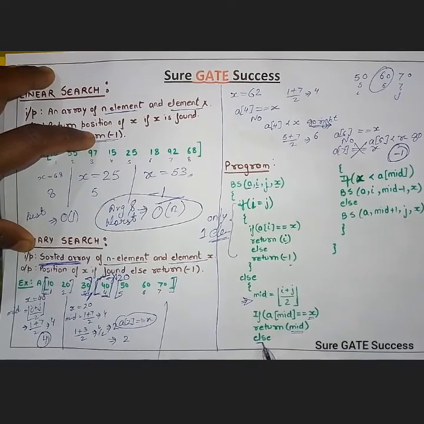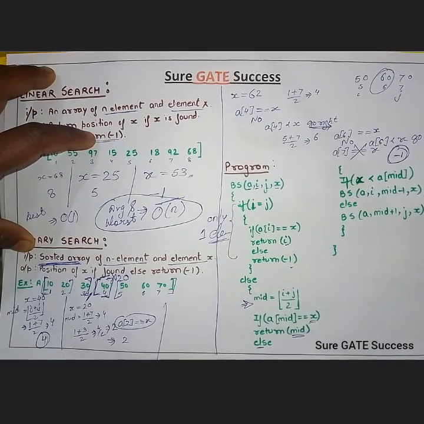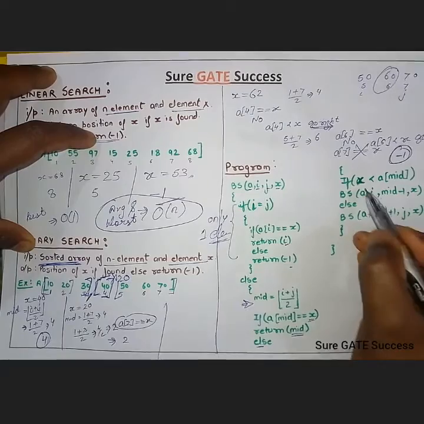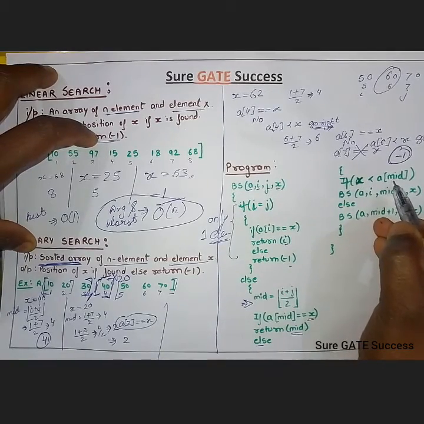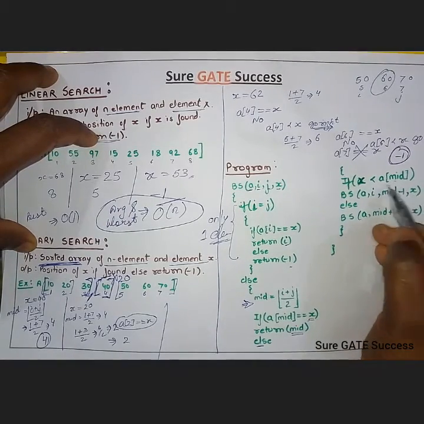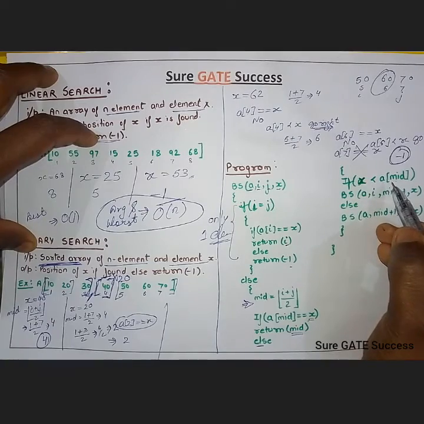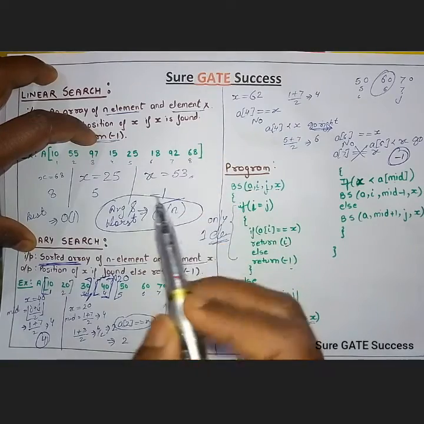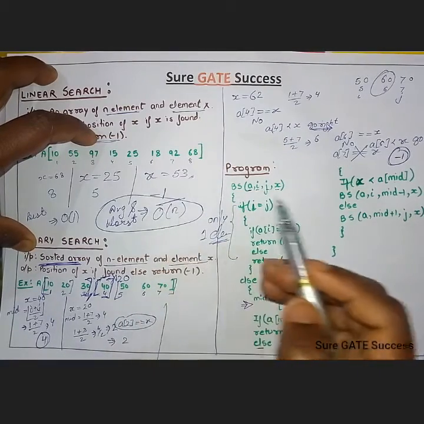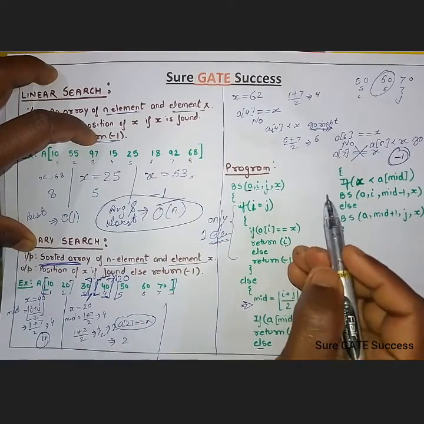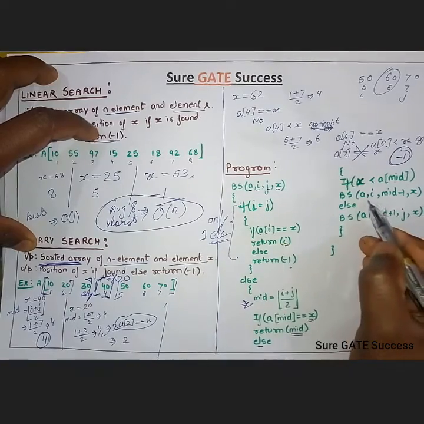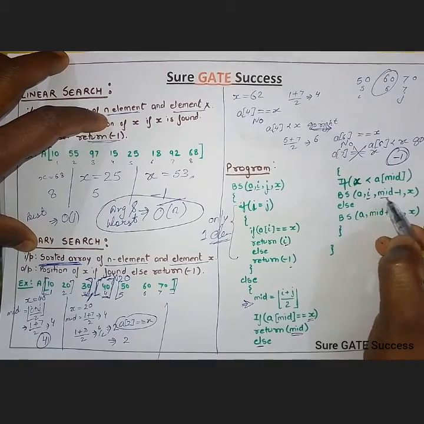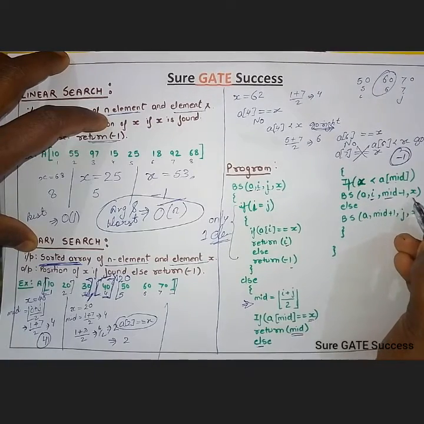If it is not equal to x, we have to check whether it is less than or greater than. If x is less than mid, we have to come to the left part. That means we have to search from the starting address to one less than mid.